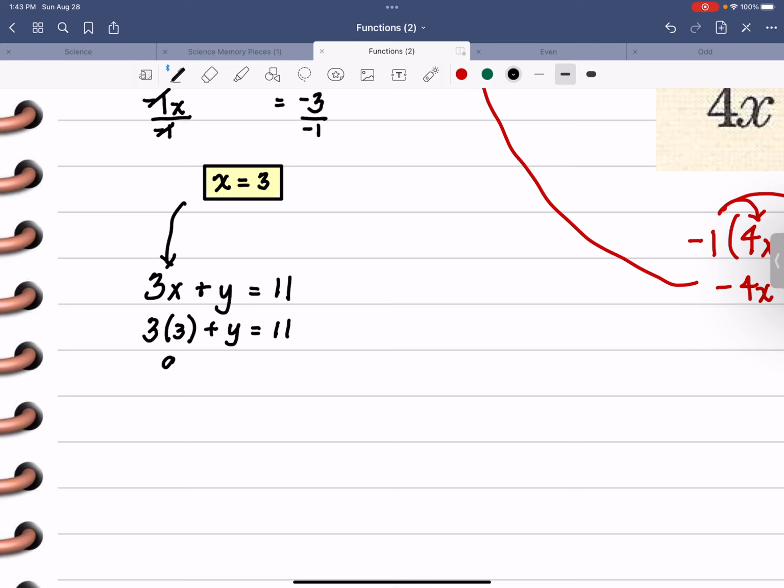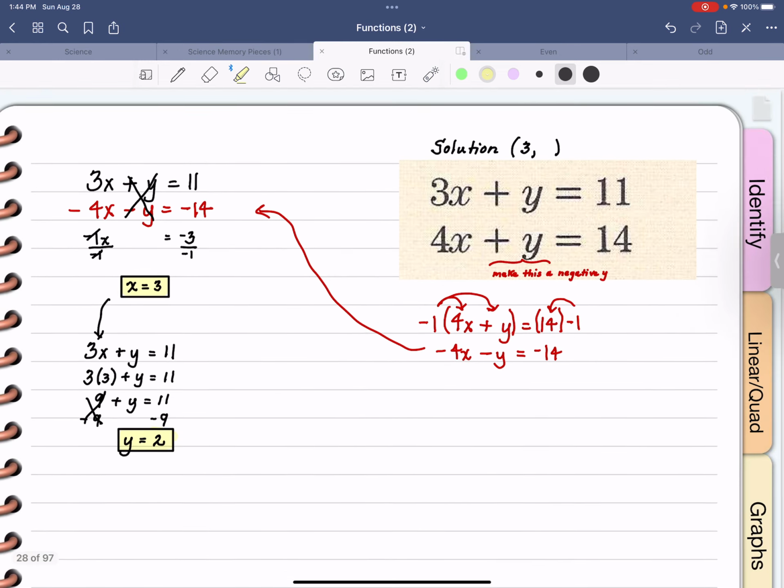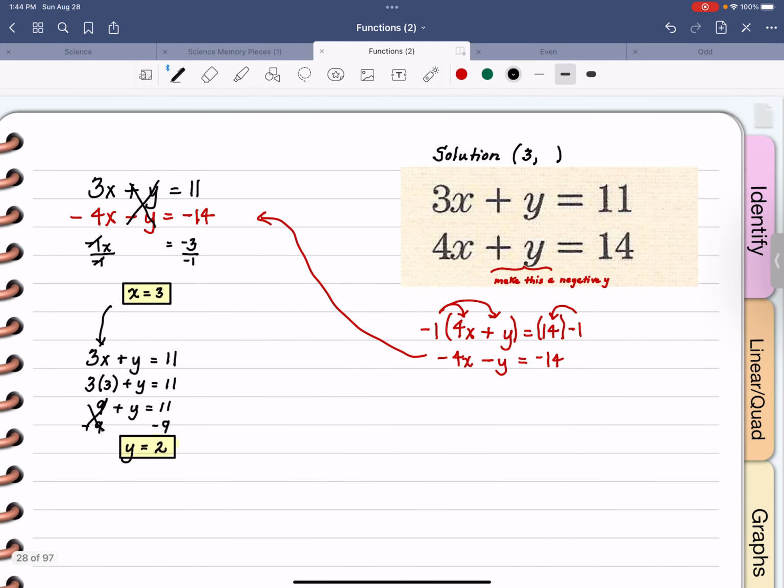So 3 3s are 9 plus y is 11. Then let's move the 9 so that I am left with y equals 2. So there's the other part of your solution, and you're done. So y is positive 2.